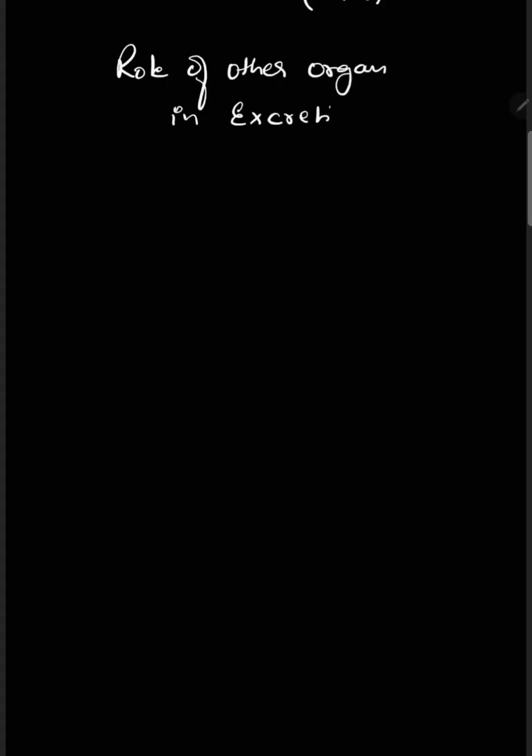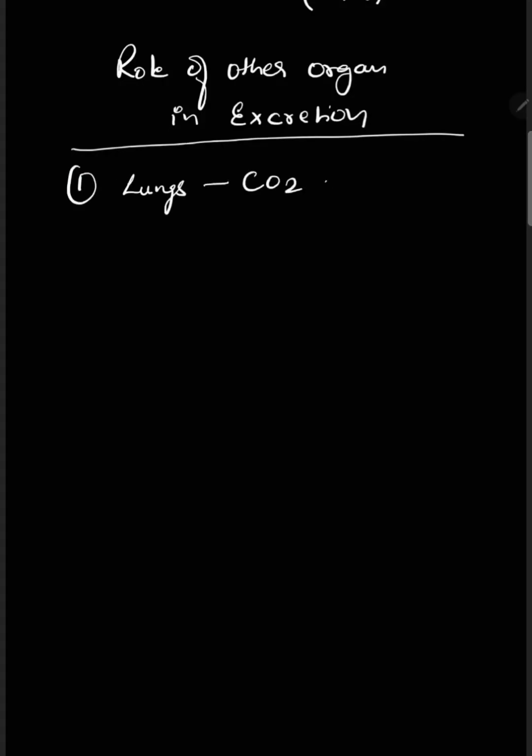Now, one more portion, last portion, is the role of other organs in excretion of various waste materials. Now, what various waste materials? First, through lungs, what do we excrete out? Carbon dioxide and some water vapors. Okay.